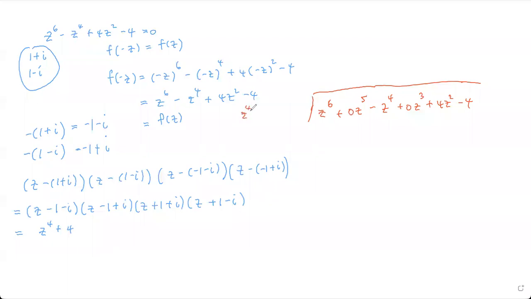So z^4 + 0z^3 + 0z^2 + 0z + 4. This would be a z^2. That will give me z^6 followed by 0z^5 + 0z^4 + 0z^3 + 4z^2.